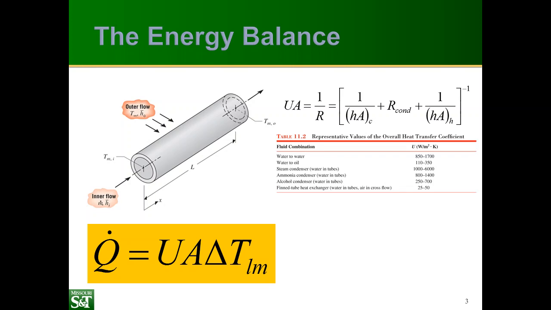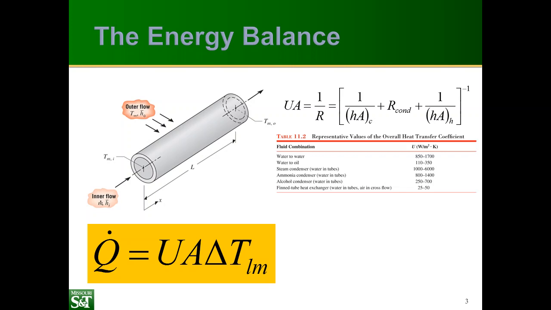Now, in this class, when I talk about the overall heat transfer coefficient, I am not referring to U, the capital U in this page. I'm referring to the combination of U and area, or UA. The reason is that UA is going to be a constant, but U may vary depending on where you are inside the heat exchanger.